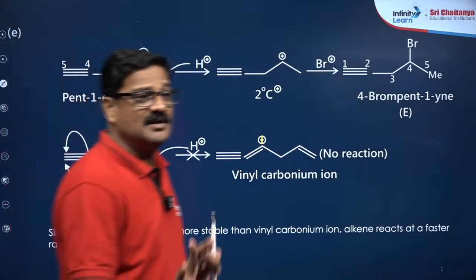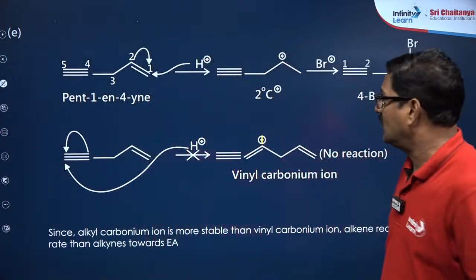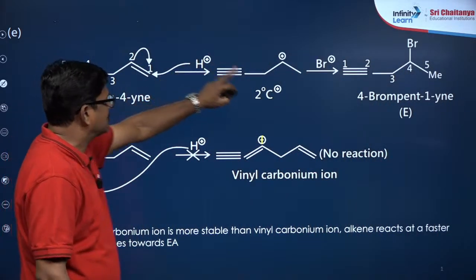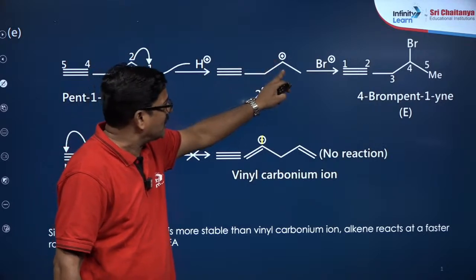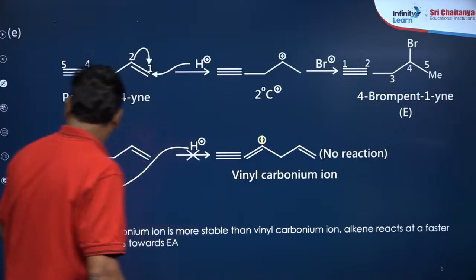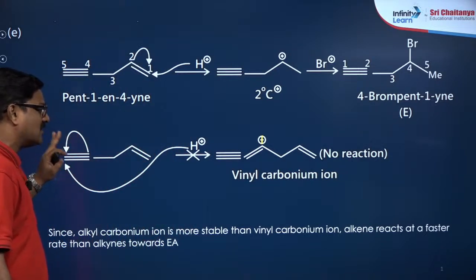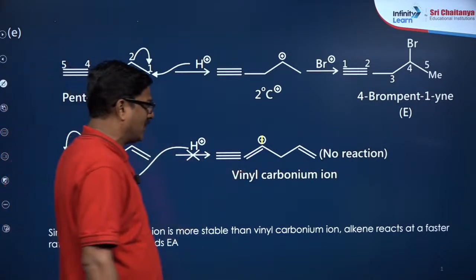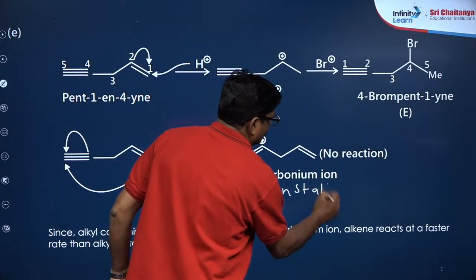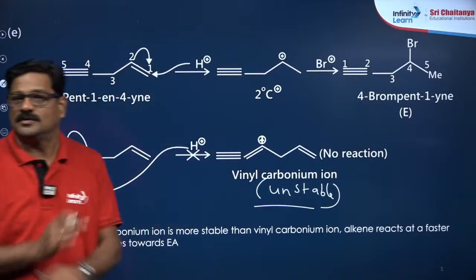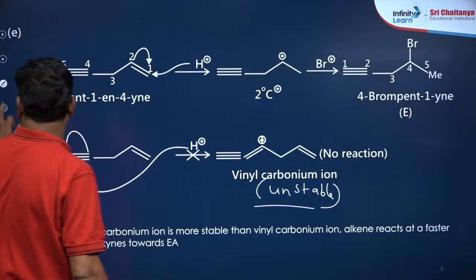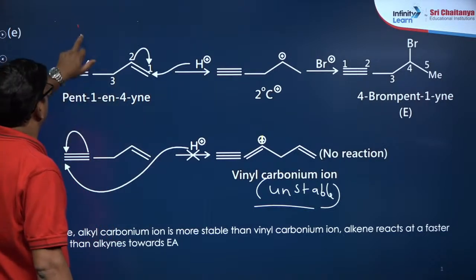Vinyl carbocation stability is very, very low. See this: if this is attacked by H plus, a secondary carbocation is formed. Because of the secondary carbocation, 4-bromopentene 1 is formed. But if the triple bond reacts, a vinyl carbocation is formed. Vinyl carbocation is unstable. Therefore, alkyne does not react.